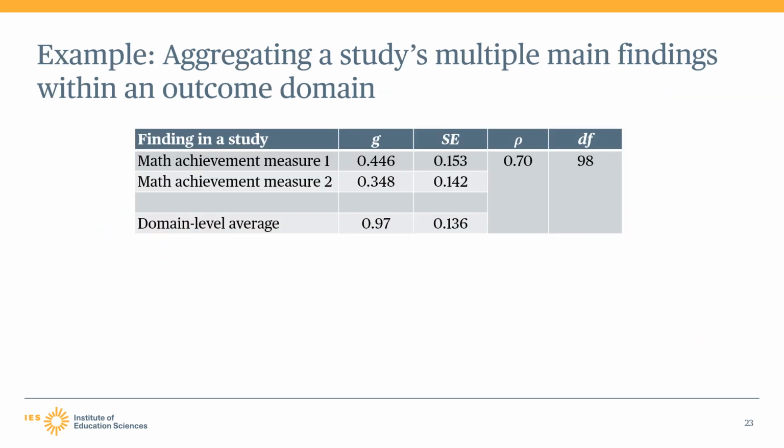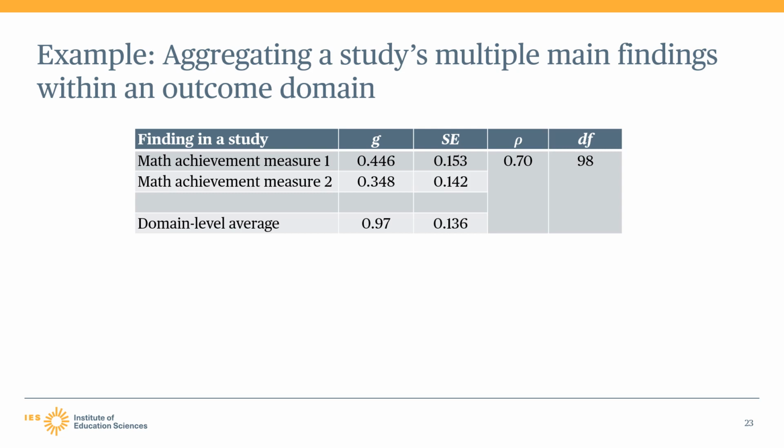Let's consider an example where the WWC aggregates two main study findings that are in the same domain and that meet standards. Say we have findings for two different math achievement measures. The first math achievement measure has an effect size of 0.446 and a standard error of 0.153.